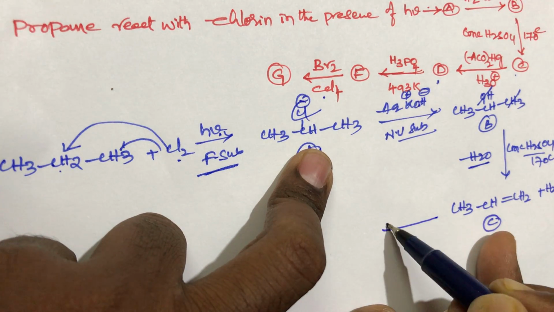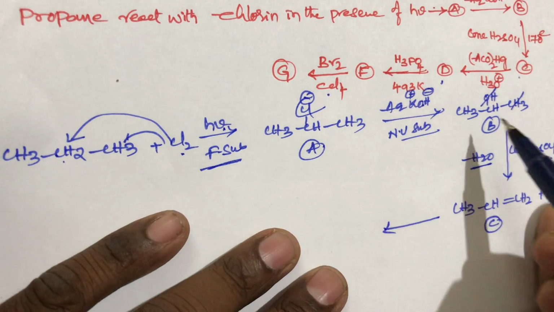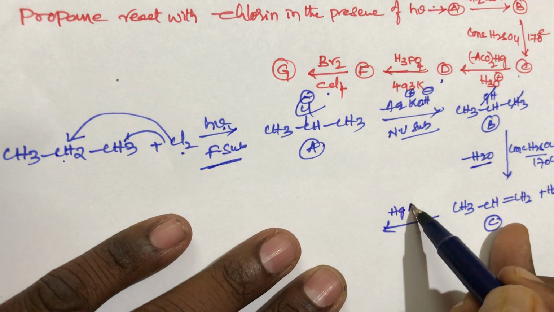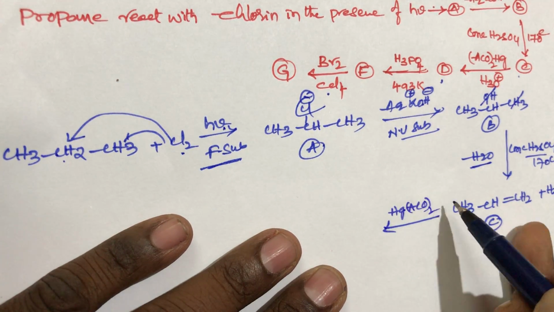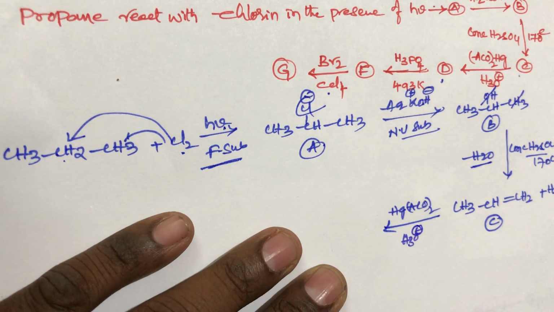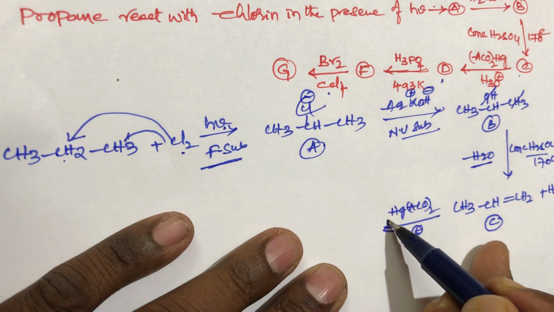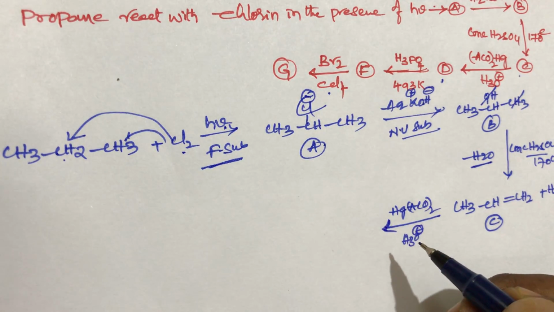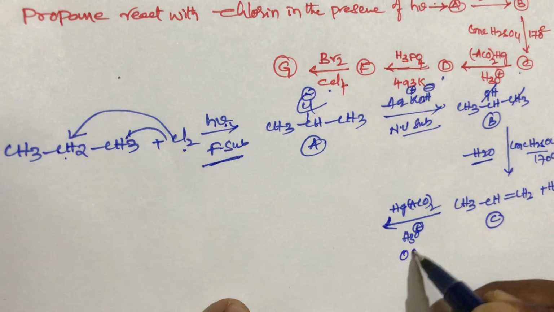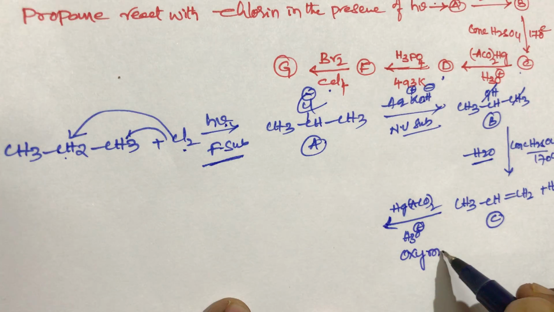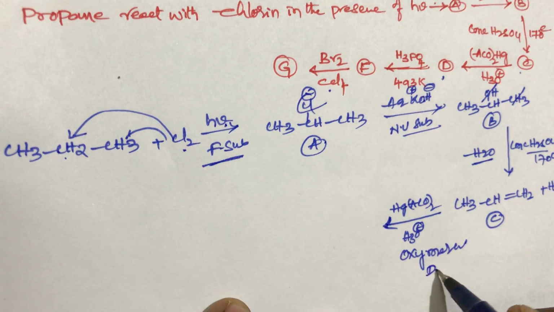When C compound reacts with mercuric acetate, Hg(OAc)2, mercuric acetate in the presence of H3O plus, hydration. Student, it belongs to oxymercuration. Already we did it in a previous video, student. Oxymercuration and demercuration.